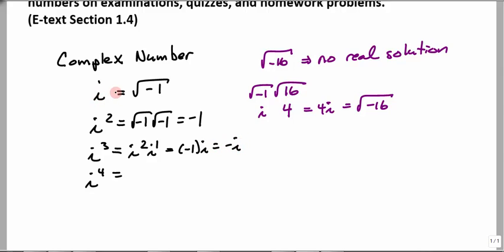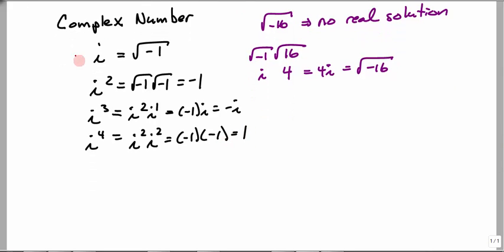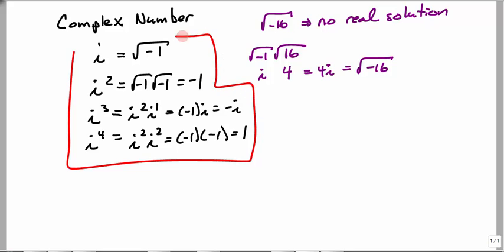So i is just i, i squared is -1, i cubed is -i. Now i to the 4th, we could look at this as i squared times i squared, which is -1 times -1, which is 1. So these four you definitely want to have memorized. They come in handy when you're working problems.